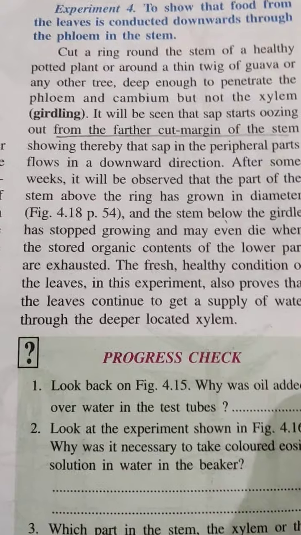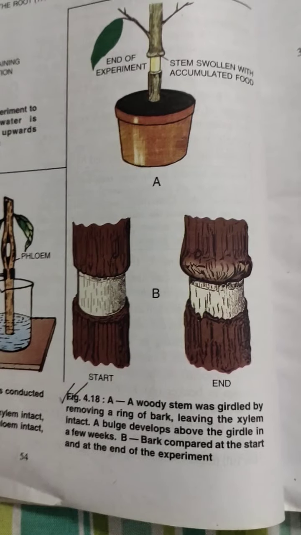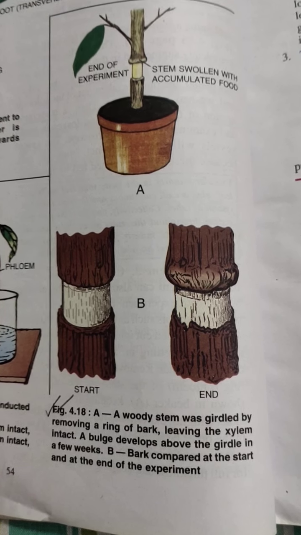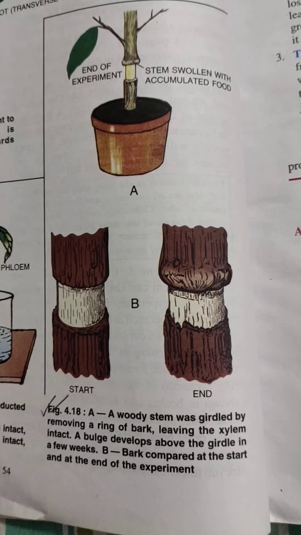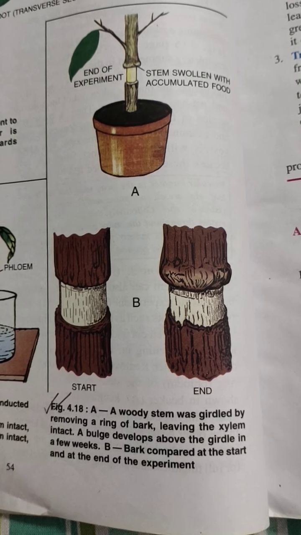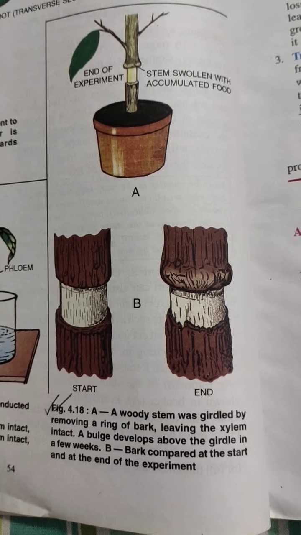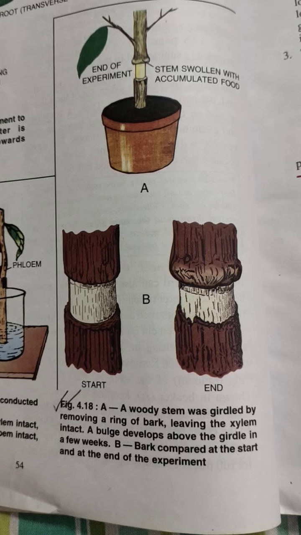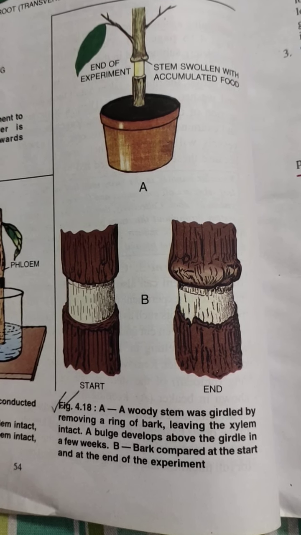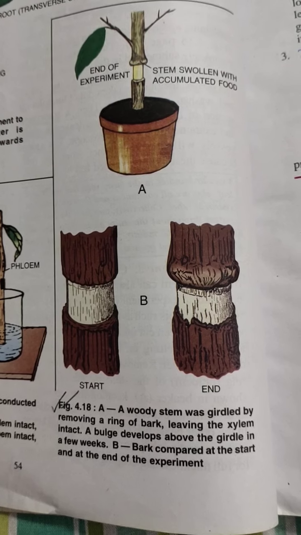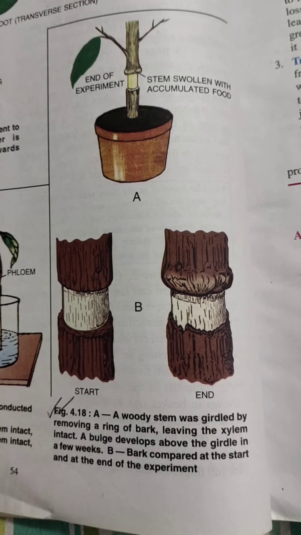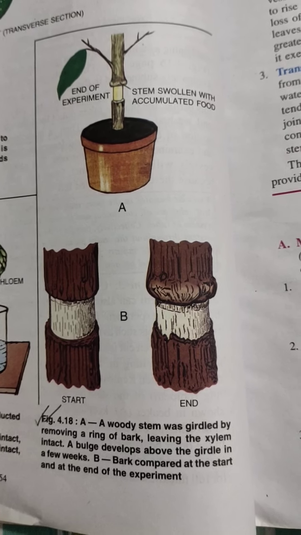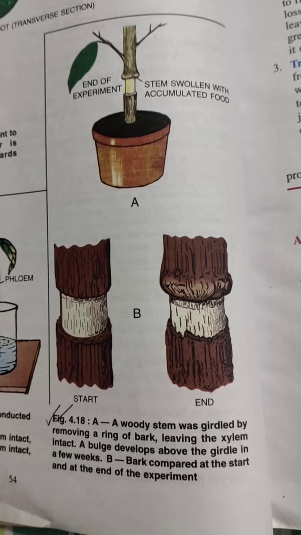Okay, now in this diagram you see the start and the end in B. At the end, we can see the part just above the girdled part has swollen up. Why? Because it is swollen with the accumulated food which was coming from the upper direction, right? Because we already know that the inner part is the xylem and the outer part is the phloem.